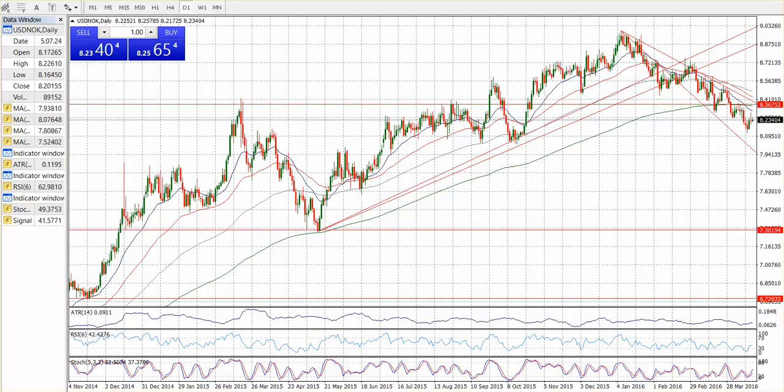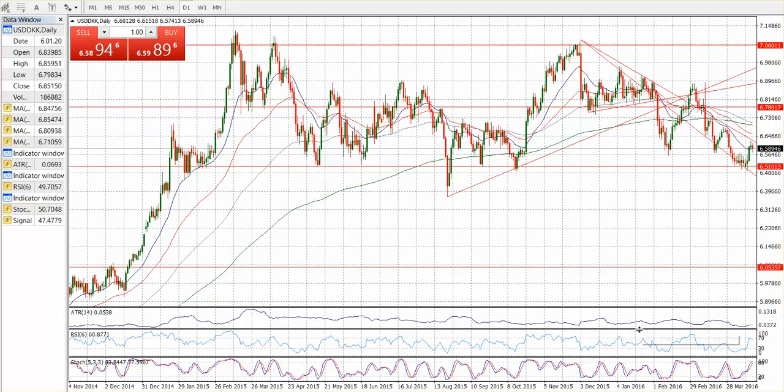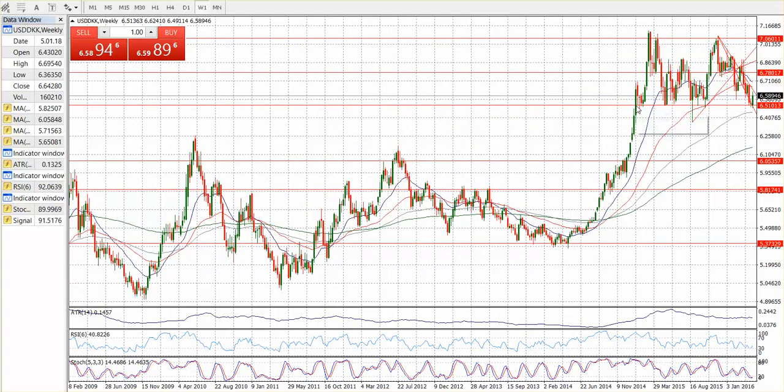If we look at the Danish krona, there we go, couldn't find it for a minute. Again, looks like a nice downtrend. On the weekly chart though, you can see since around November time, it's not really broken this level of support.